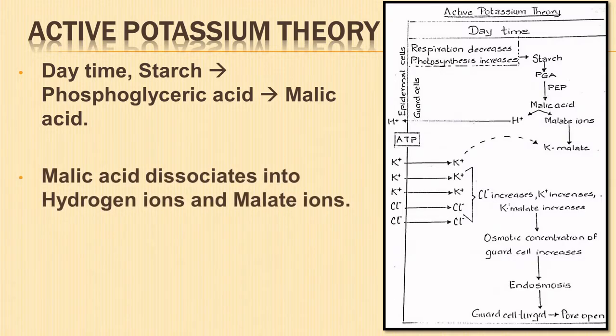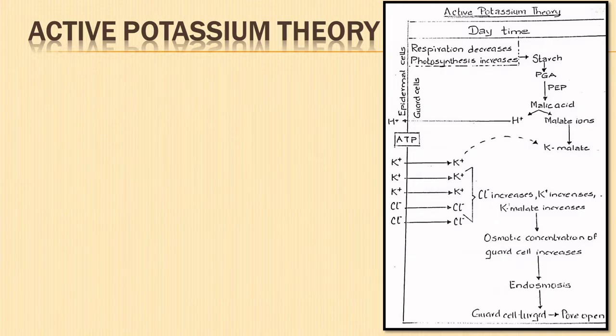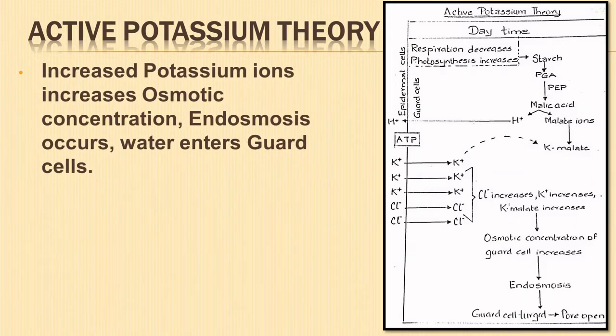Malic acid dissociates into hydrogen ions and malate ions. Hydrogen ions from the guard cells move to the epidermal cells, and potassium ions from epidermal cells are absorbed into the guard cells with the help of ATP molecule.